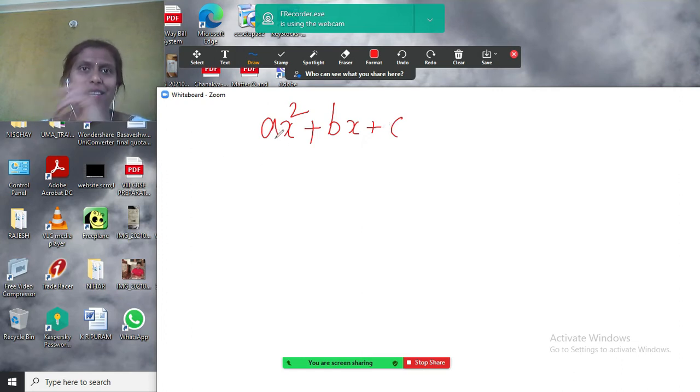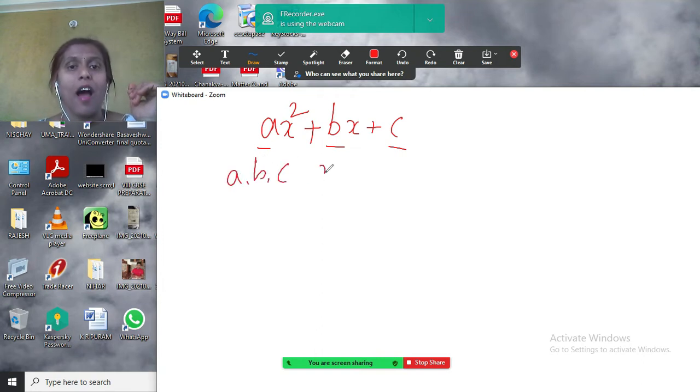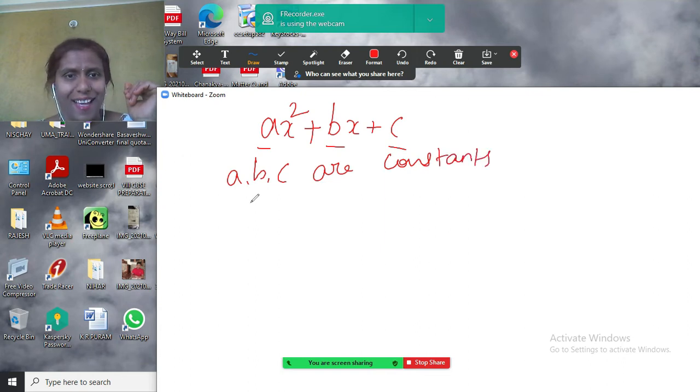Before taking an example, let me remind you, a is a constant, b is a constant, and c is a constant. So a, b, c are constants. Next, x squared. If you observe, there is only one variable x and its highest degree is 2.